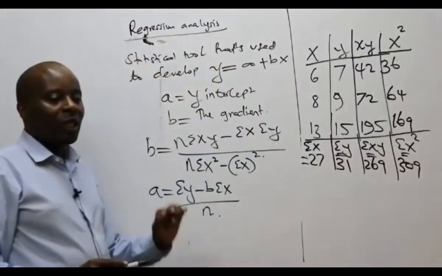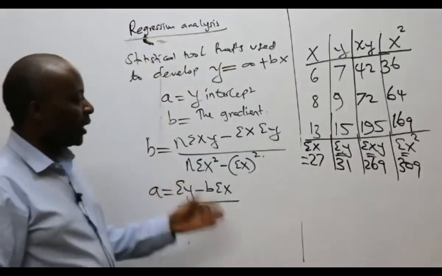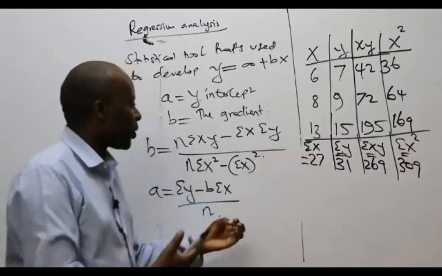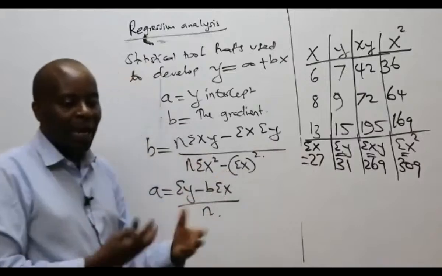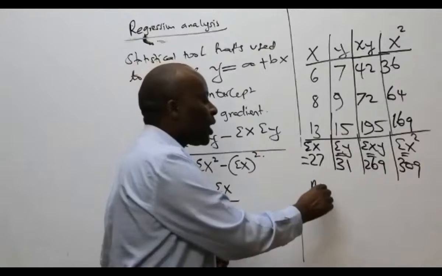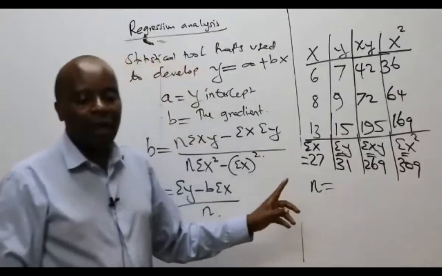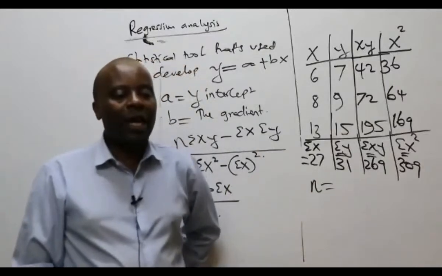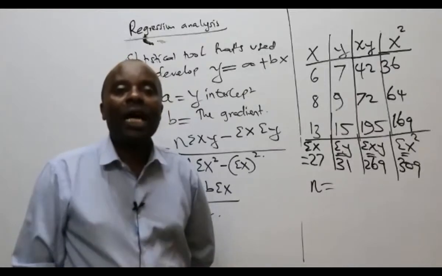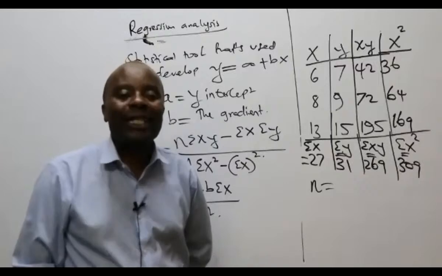Thank you very much. Now, ladies and gentlemen, I would want us to move to the next level, which basically is plugging these summations into the formulas. The very first thing that I would want some good student here to tell me is the value of n. Is there anybody who is able to see the value of n? First of all, n stands for number of points.